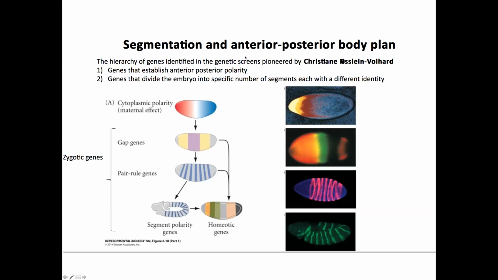Unlike the dorsal ventral polarity, which gave rise to the 3 germ layers and initiated the gastrulation events, the anterior posterior axis will now set up the means to divide the embryo into different body segments.